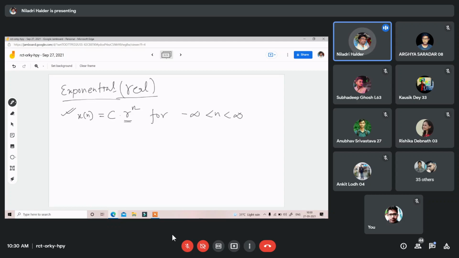Now, four conditions may happen here from that plot or from that equation. You can get four different conditions. In the first condition, you can consider the value of r greater than 1.